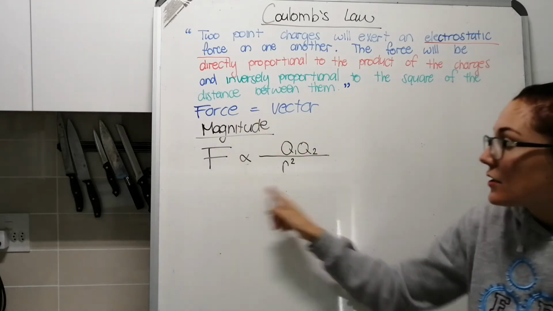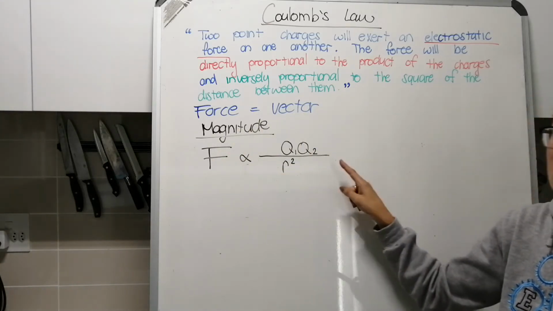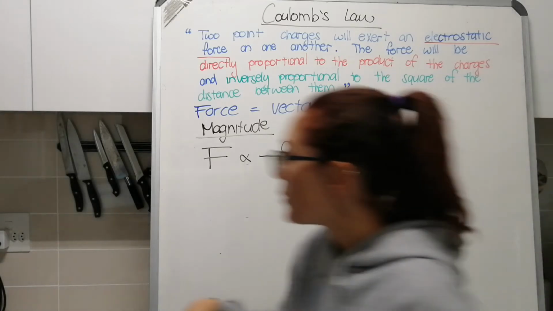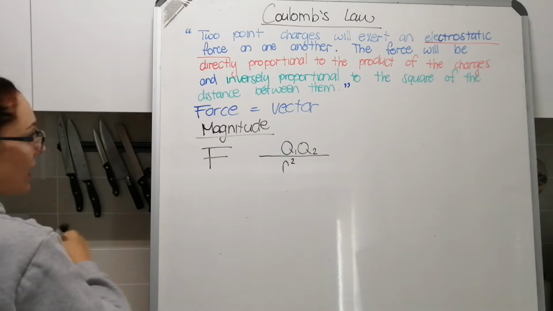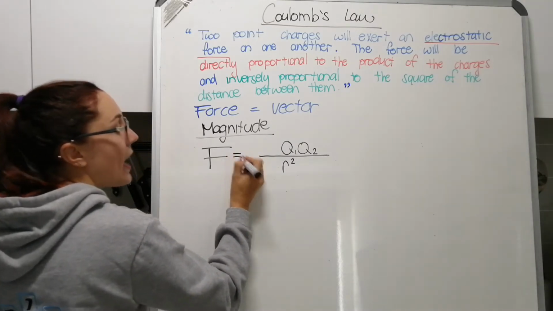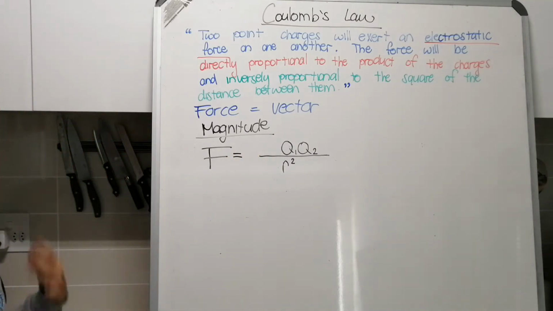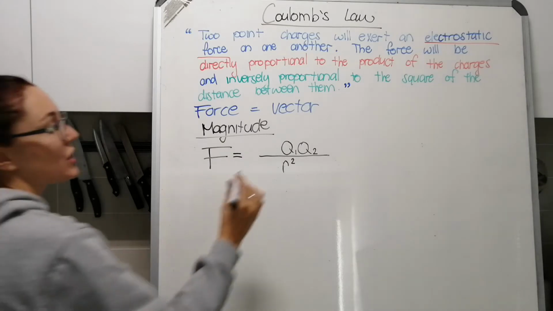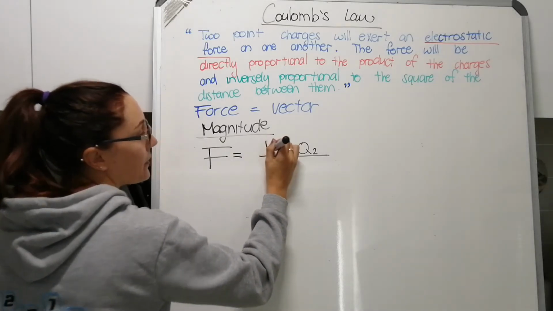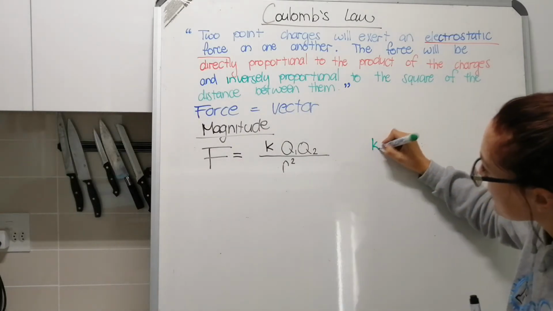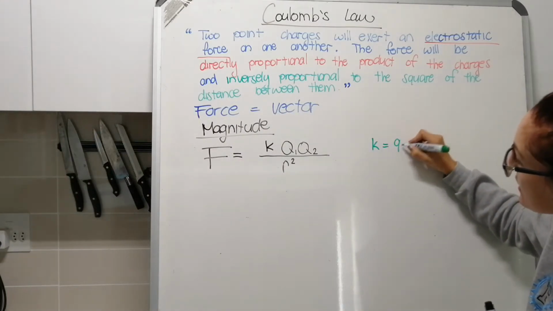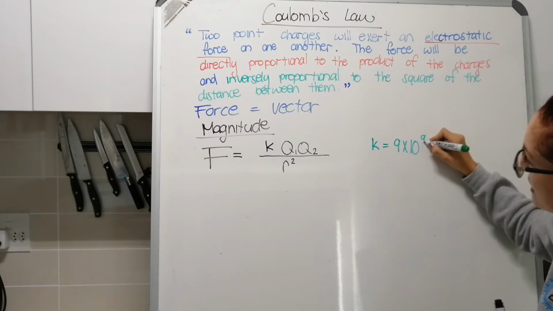Now, a proportionality relationship is all good and well, but it doesn't help us to do any calculations. So we change our proportionality relationship into an equation, and we introduce a proportionality constant, k. That constant k, which will be on your data sheet, is equal to 9 times 10 to the 9.